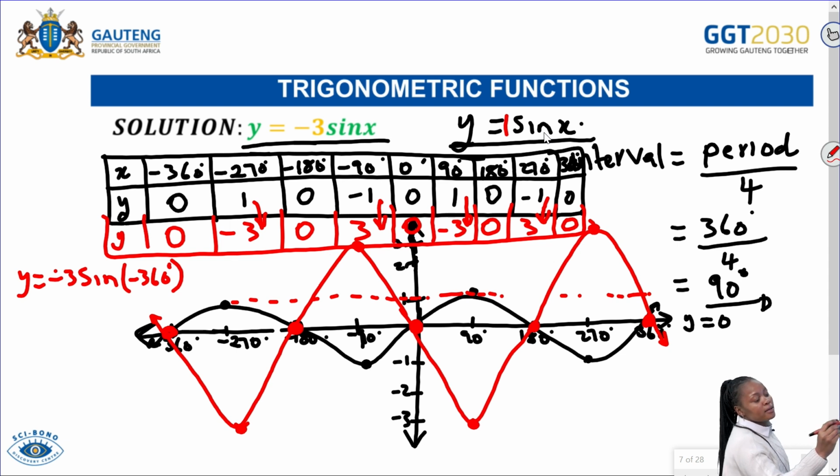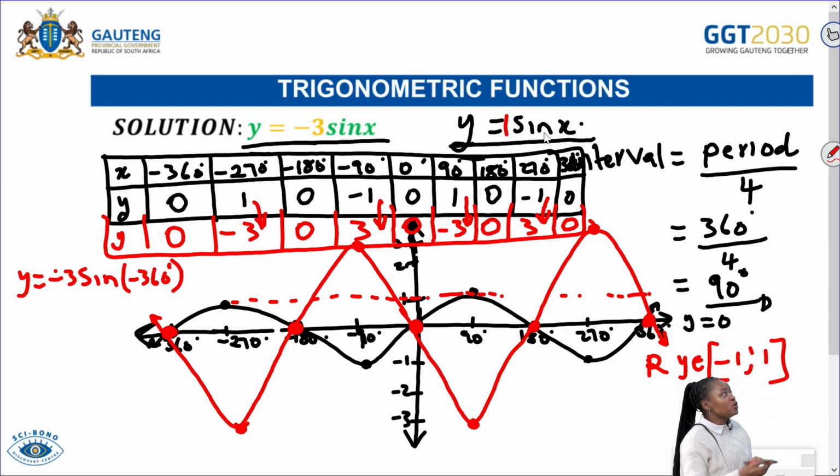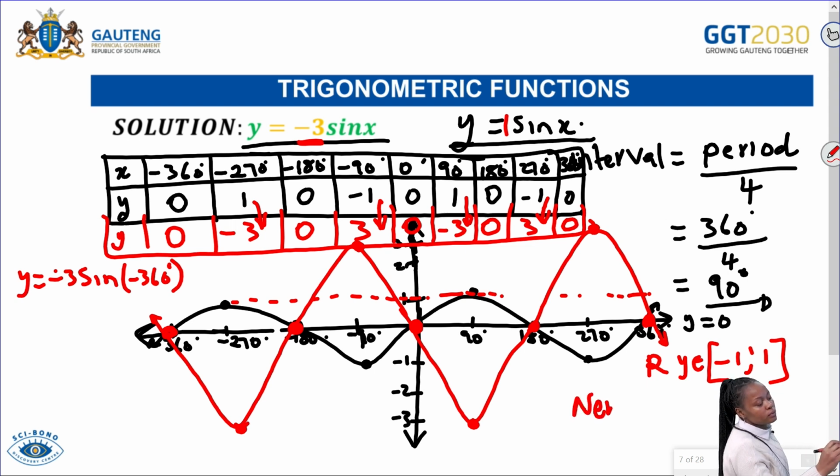it had the range as y is an element of, starting from -1 up until +1. But if you are looking at the new one with a as -3, it is now y is an element of, covering 0, -3 and +3. So it's now -3 to 3.